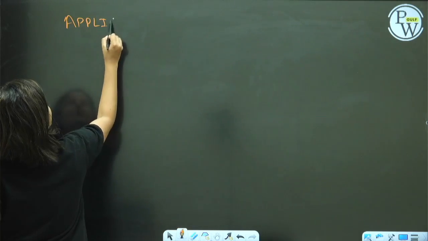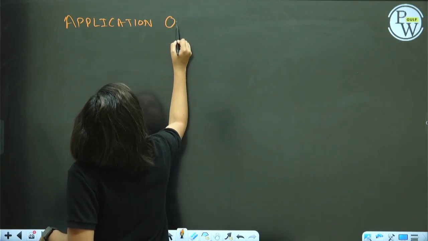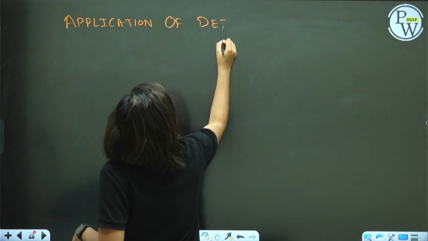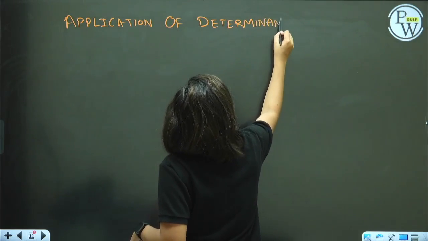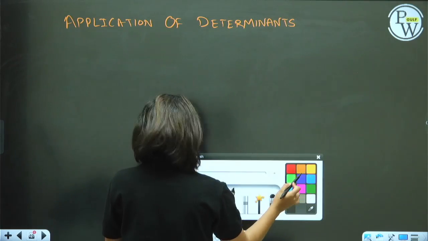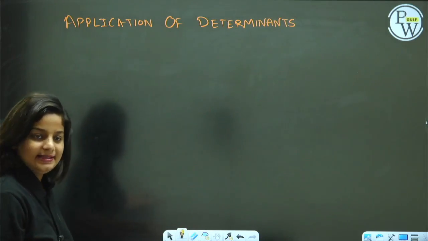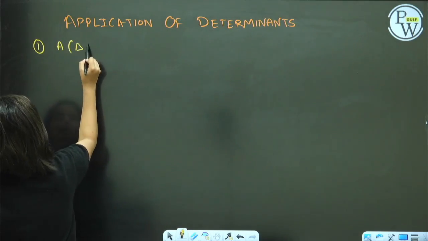Let's see what the applications of determinants are. The first one we all know, it's there in our NCERT. The first application is to find the area of triangle ABC.